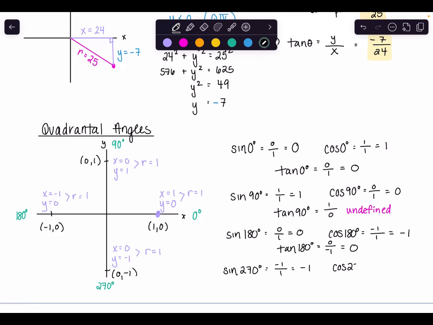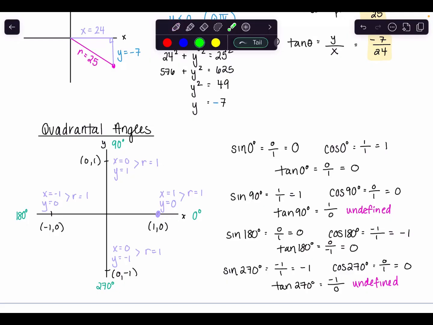Cosine of 270 degrees is going to be 0 over 1, or 0. And then tangent of 270 degrees is going to be negative 1 over 0. So again, we run into an issue here. This is undefined.